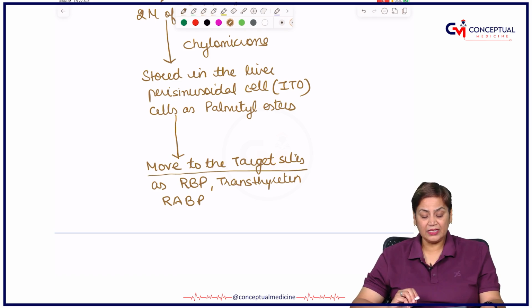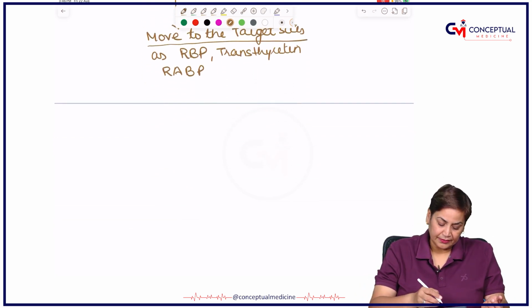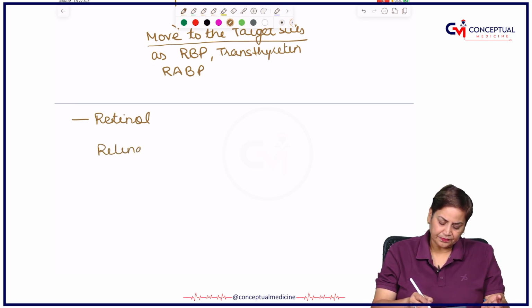Now the question is, what is the function of vitamin A, or what is the function of these three forms of vitamin A, because it exists in three forms, so their function has to be a little bit different. So if we talk about retinol, because I told you there are three forms: retinol, retinal and retinoic acid.